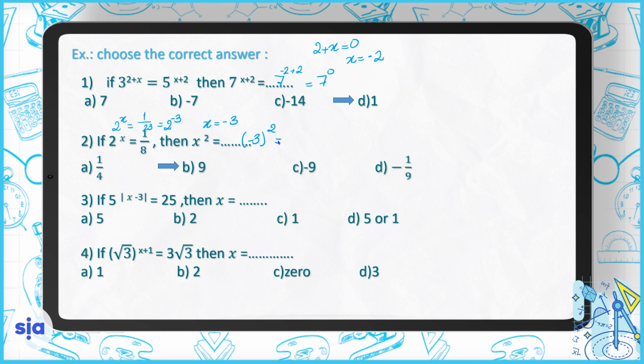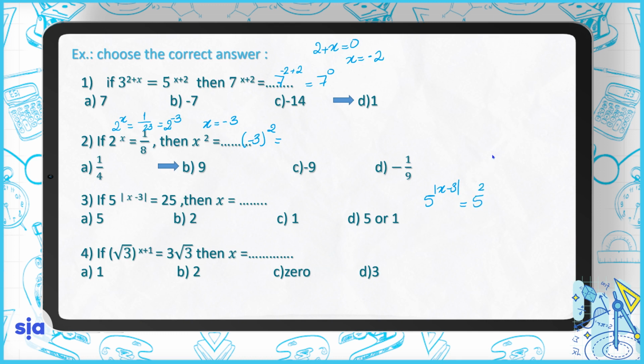For question 3, if 5 to the power of absolute value of x minus 3 equals 25, what is x? The 25 is 5 power 2. So 5 to the power of absolute value of x minus 3 equals 5 to the power of 2.